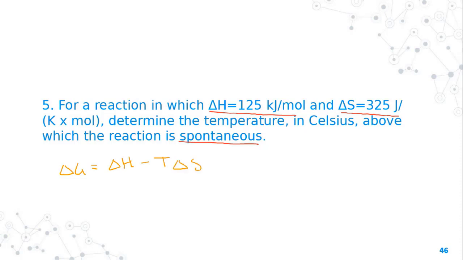So we know at equilibrium, or when delta G equals 0, we have that one point right between which they are spontaneous. It's T delta S. All right, so let's isolate for T. Moving this guy to the other side, and then dividing by delta S, I have T equals delta H divided by delta S.